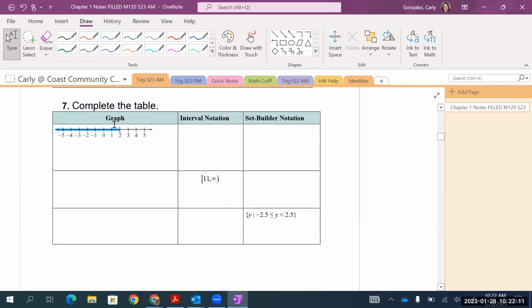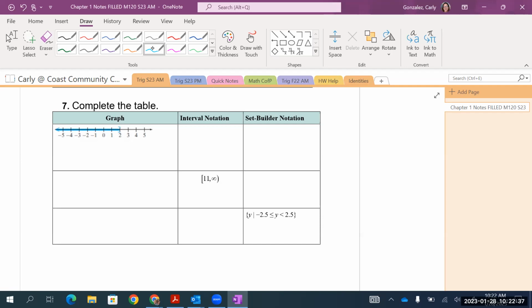Now, we're given this graph. It's shaded in to the left of 2, and then there's a bracket on 2. So let's first look at our interval notation. Now, a couple rules with interval notation is you always list the quantities least to greatest.